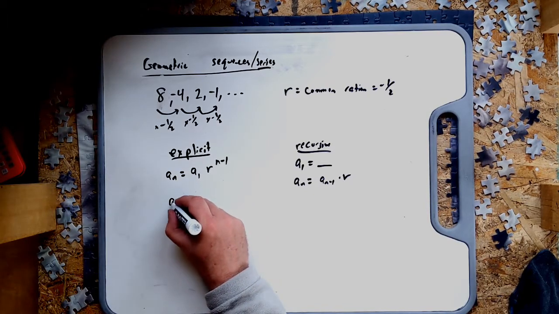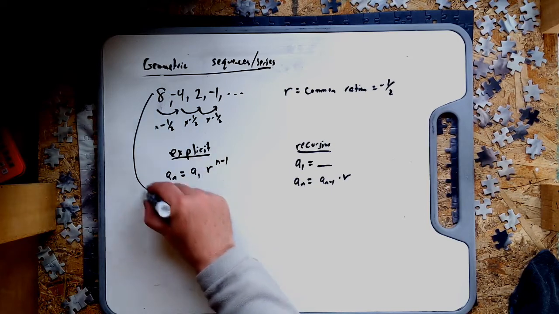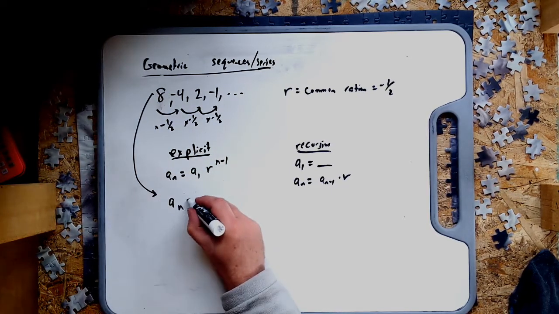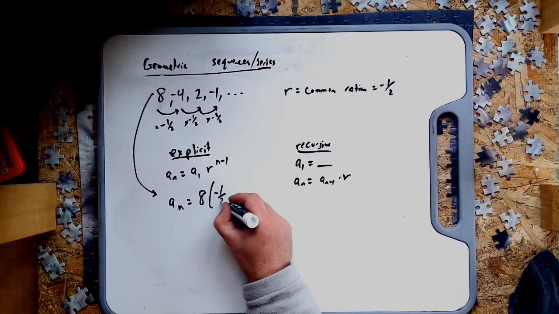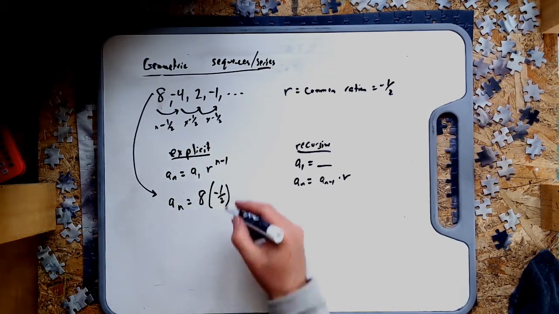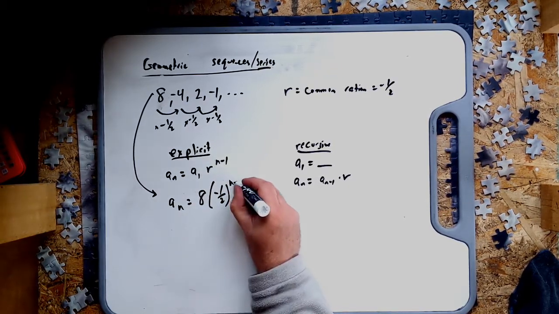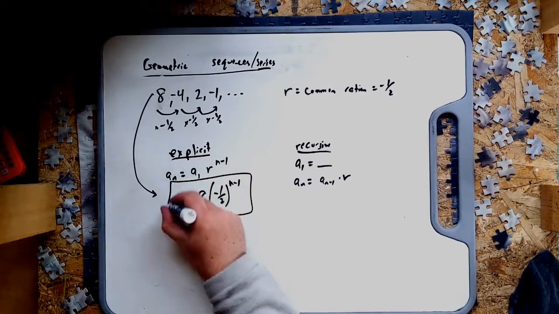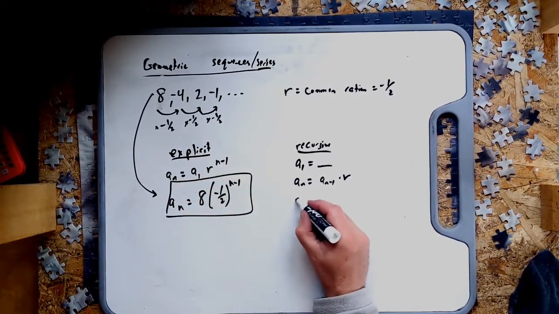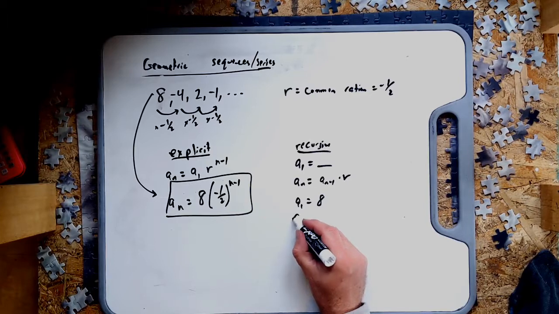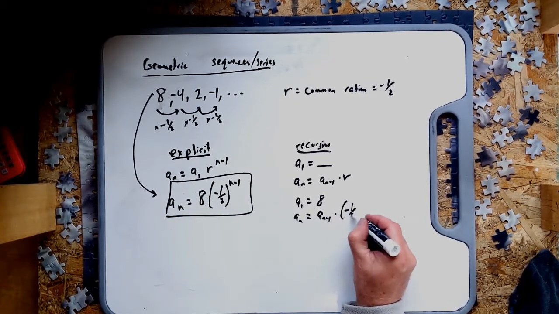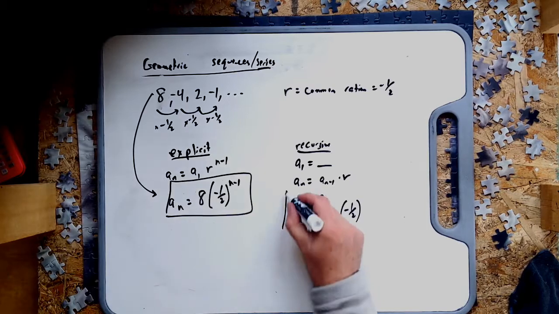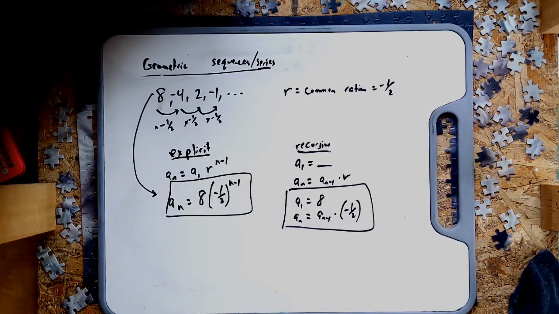So first of all, my explicit formula for this example is a sub n equals a sub 1, which is 8, times r, which is negative 1/2, make sure you put it in parentheses, to the n minus 1 power, and that's my explicit formula. The recursive would be a_1 equals 8, and a sub n equals a sub n minus 1 times, and again in parentheses, negative 1/2. There we go, there's my example.